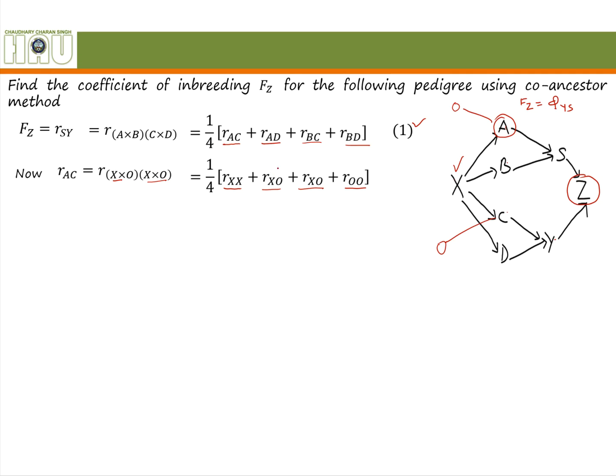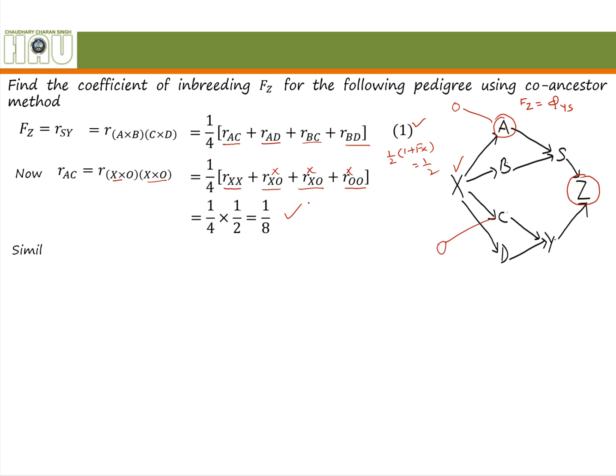We have no information about these, so these are all 0. But RXX is 1 by 2 times 1 plus F of X. So it is half, which gives 1 by 8.